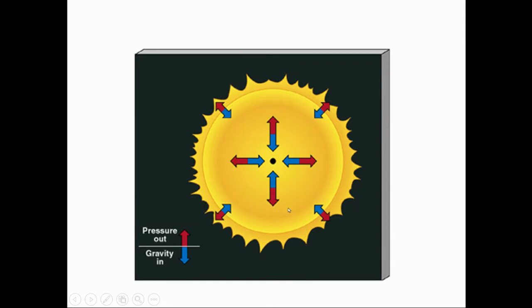And in the case of the sun, in chapter number 8, when we talked about the nuclear fusion, the energy that's produced is pushing out, and in that we told it to resist the gravity. So when these two are in equilibrium, we say that the star is in hydrostatic equilibrium.